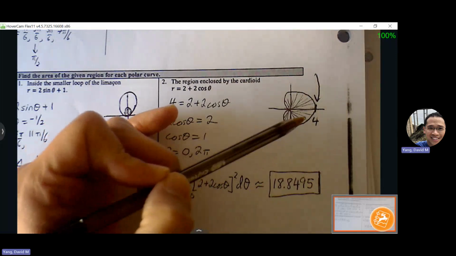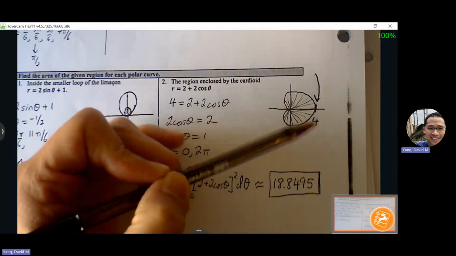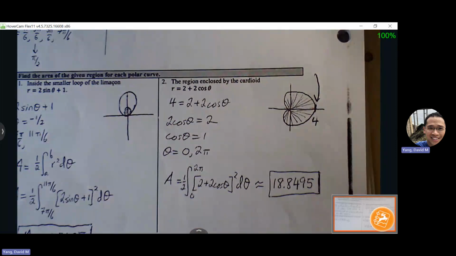So from pi to 3 pi, it'll do half the cardioid and then do the other half of the cardioid. So as long as you go from 0 to 2 pi or pi to 3 pi, or as long as it has a 2 pi interval, it'll get that area eventually.